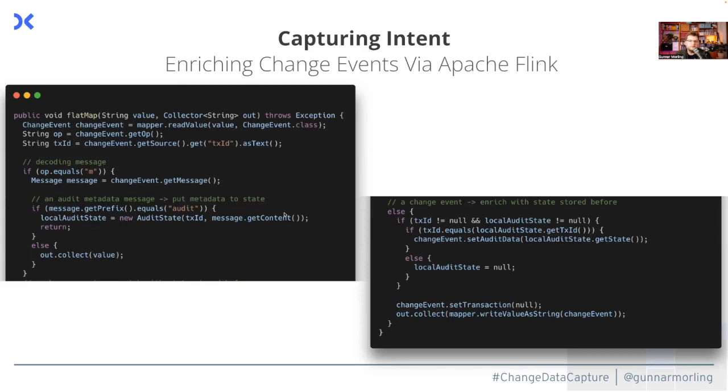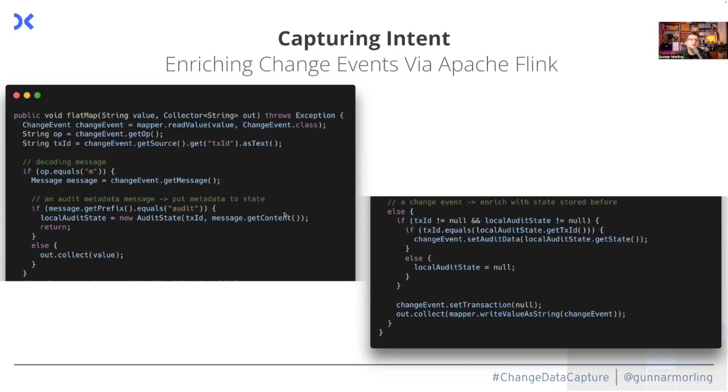So we remember that. And now on the right-hand side, what you see is that if an actual change event comes in, then we would go to our state store and check whether this is still the same transaction. Because there might also be events which didn't receive any metadata in their transaction.